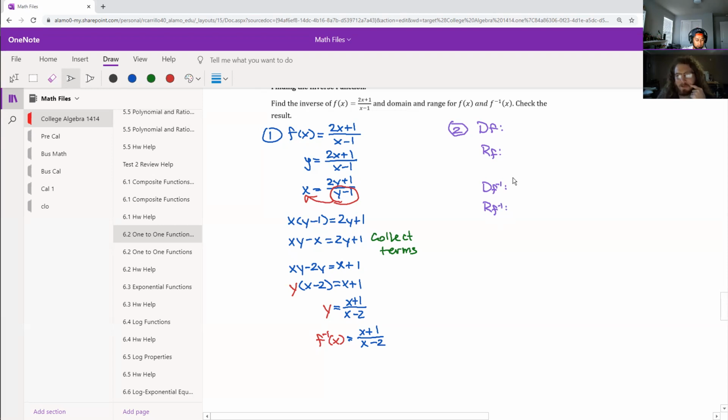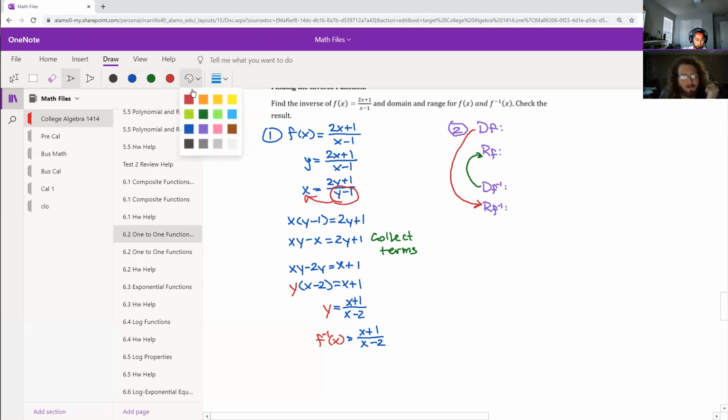Now, usually what I do is I just try to find the domain of f first and then find the domain of f inverse. And that gives me the range of both of them, and I don't have to think any harder about it, right? Because these two just swap around, right? This one is this one, and this one is this one. So if I just find the domain, usually finding the domain is easier, right? So if I just find the domain of both of them, then we're good.